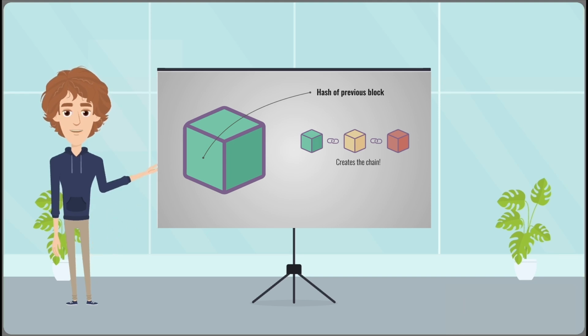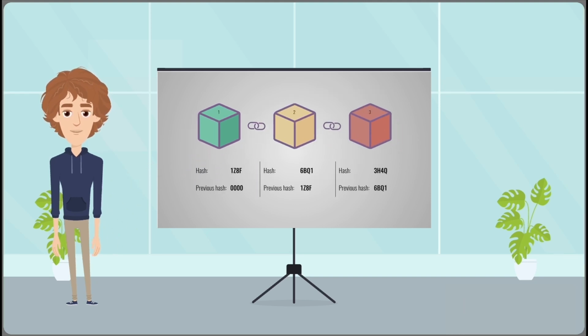Let's take an example. Here we have a chain of 3 blocks. As you can see, each block has a hash and the hash of the previous block. So block number 3 points to block number 2, and number 2 points to number 1. Now the first block is a bit special. It cannot point to previous blocks because, well, it's the first one.